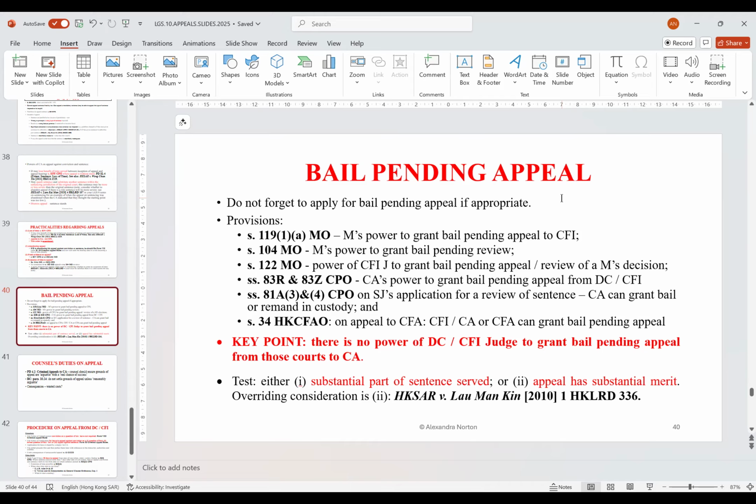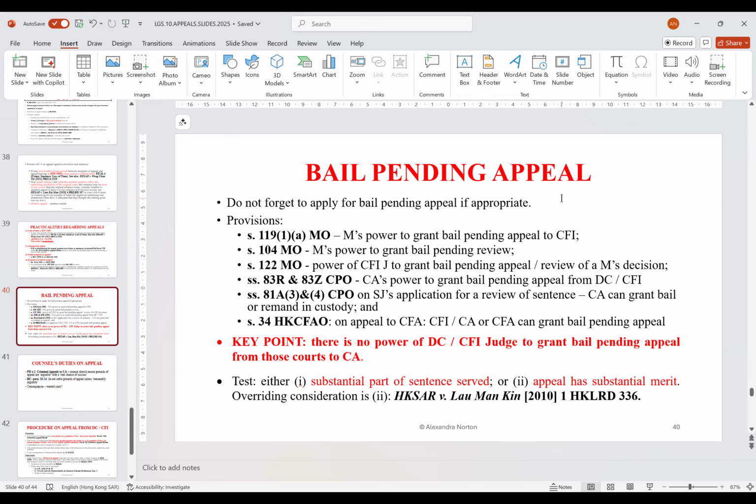Now, in the final instructions in the exam, it will say something like, advise on actions that can be best taken to protect the defendant's interests. It doesn't say, advise the defendant on whether he should apply for bail pending appeal. Right? It says actions best taken to protect his interests. That includes advising him whether he should apply for bail pending appeal. Okay.